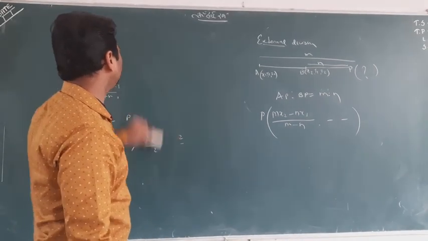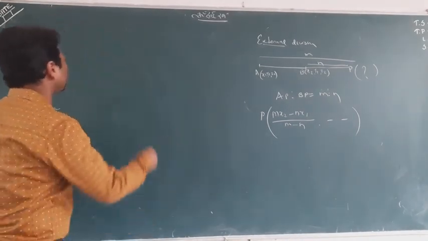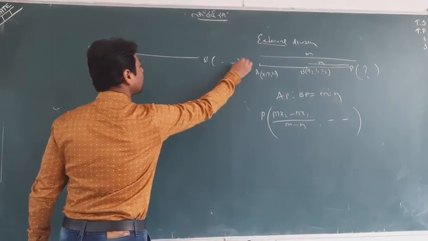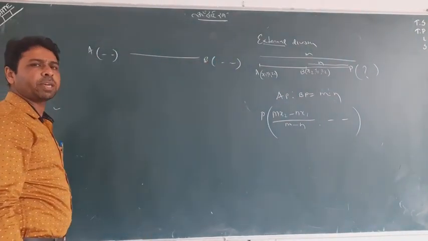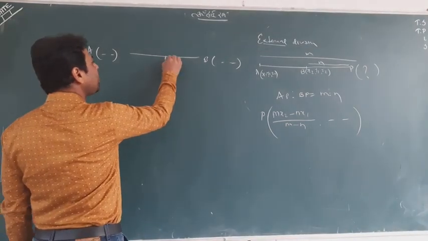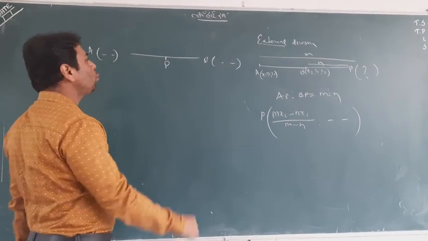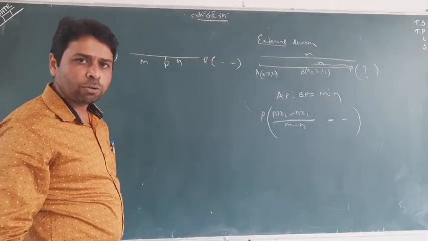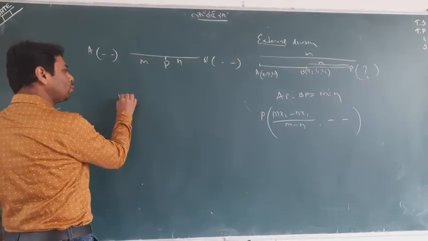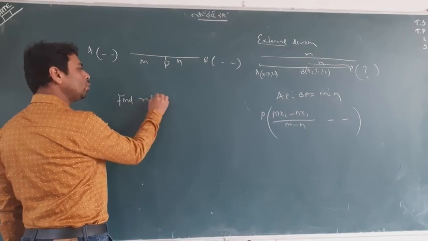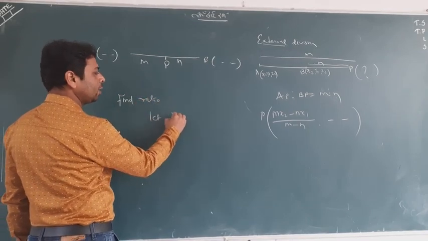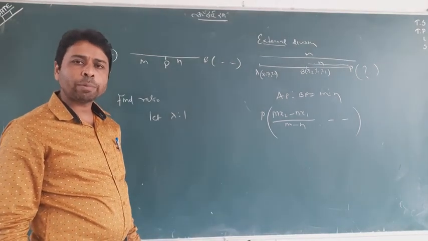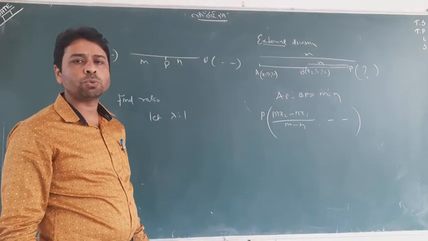One thing I want to tell you: suppose points A and B are given, and P is also given, and you are told to find the ratio m is to n. So the way to find the ratio, whenever you have to find it, is to let the ratio be lambda is to 1 instead of m is to n.